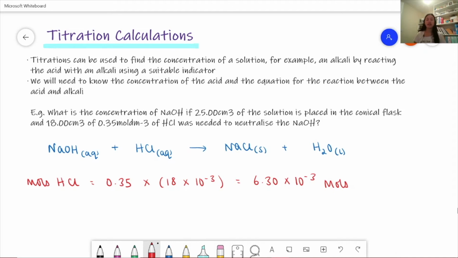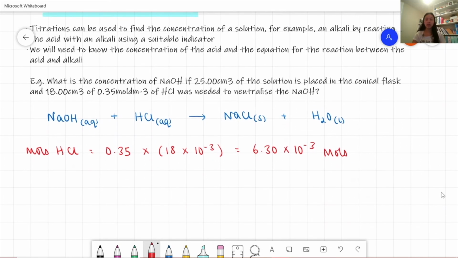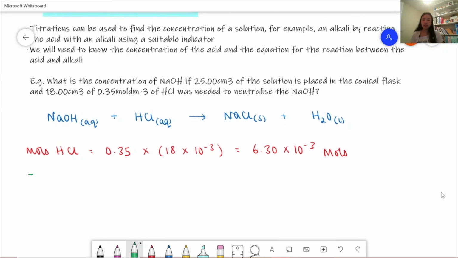Now what we can do is use this equation to find the ratio between sodium hydroxide and hydrochloric acid. From the equation, we have that 1 mole of hydrochloric acid will react with 1 mole of sodium hydroxide.